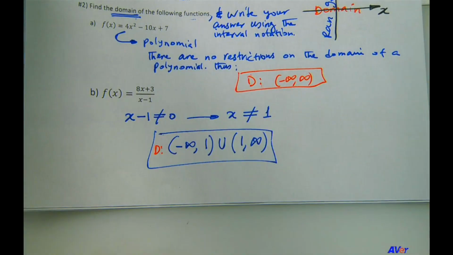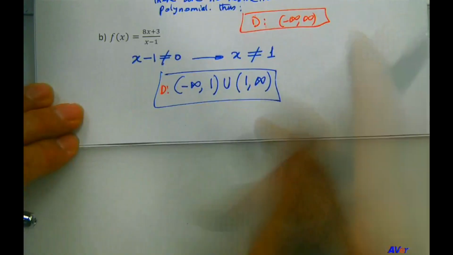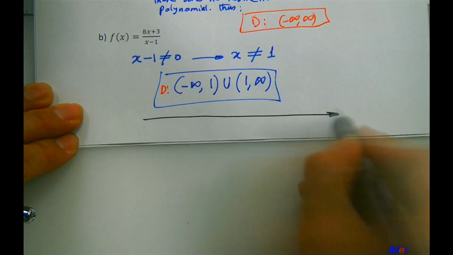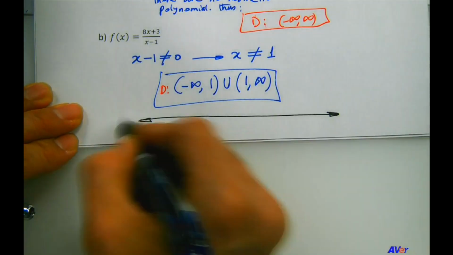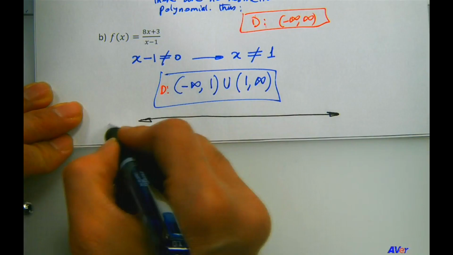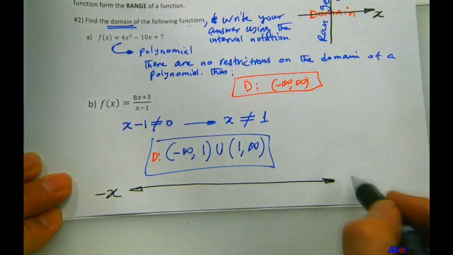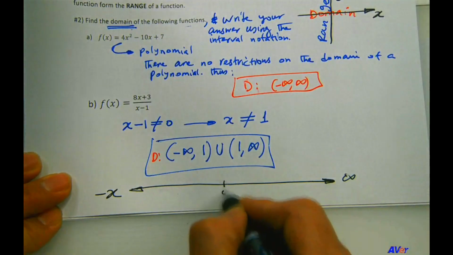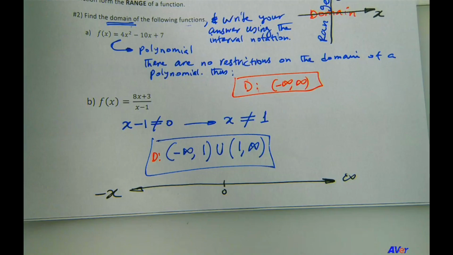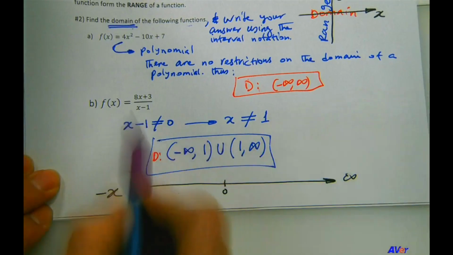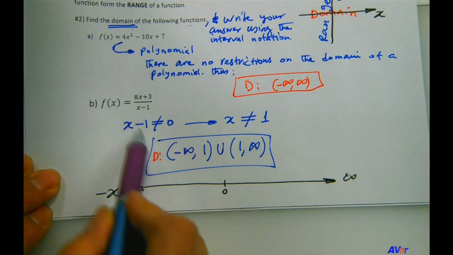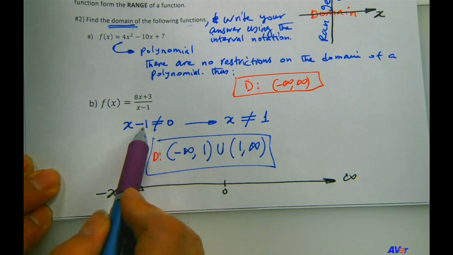If you have any questions about what's going on here, let me try to explain it using a graph. So here's the graph that models the x-axis, right? And this x-axis goes from negative infinity to infinity, with the 0 in the middle here. So what we've determined is that x in the denominator cannot be 1, right?